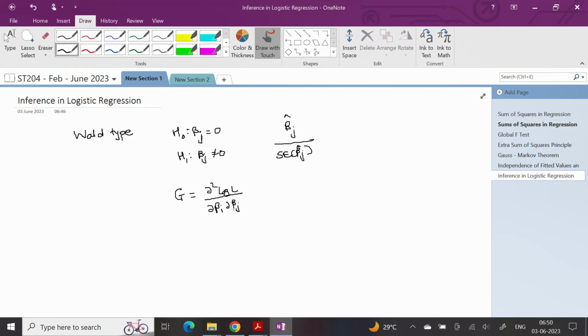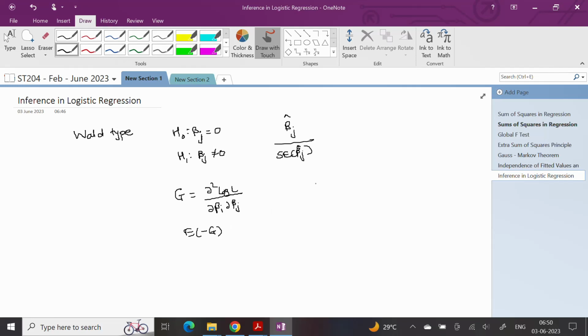The expectation of minus G becomes the information matrix, and the inverse of this is the variance covariance matrix.